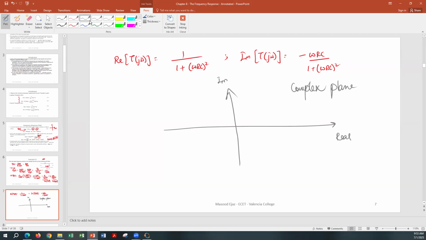Okay, so you start at omega is equal to 0, and then you move towards omega is equal to infinity. And then you plot real versus imaginary. The first real value is at omega is equal to 0, and the real value is going to be 1.